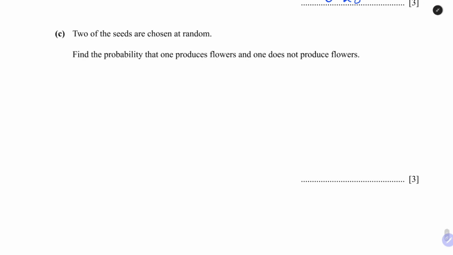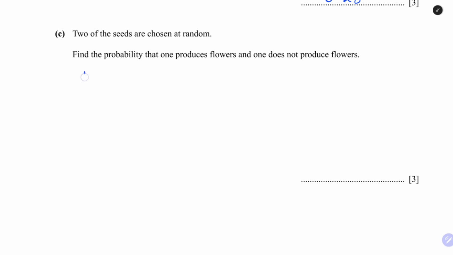All right, and the final question here. 2 of the seeds are chosen at random, 2 separate seeds. Find the probability that one produces flowers and one does not produce flowers. So this implies that you're picking 2 seeds, random seeds. You pick the first one and then you pick the second one.